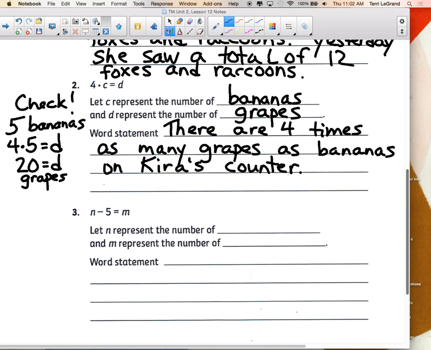Okay. There are 4 times as many grapes as bananas on Kira's counter. That's what it says. Is 20 4 times as many as 5? Yes. Good, then we got it. Good job. We need to check them out though, like this, because it's very easy that we could have turned it around and it should have been 4 times as many bananas as grapes. Who knows until you check it out.